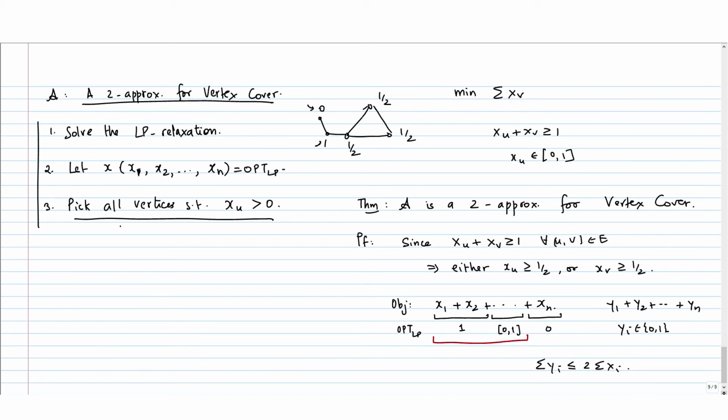So, let us say this produces a solution y 1, y 2 up to y sub n, where the y i's are 0 or 1.